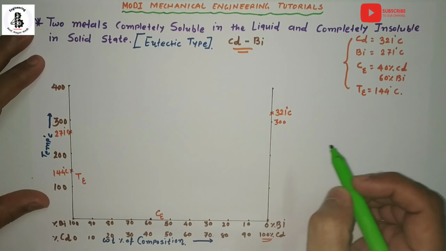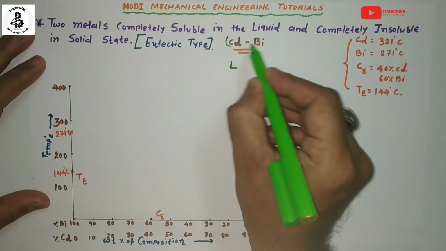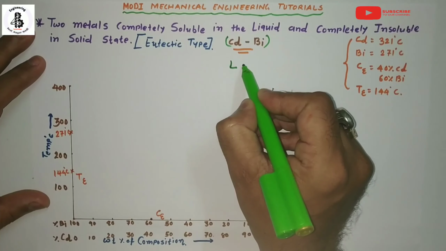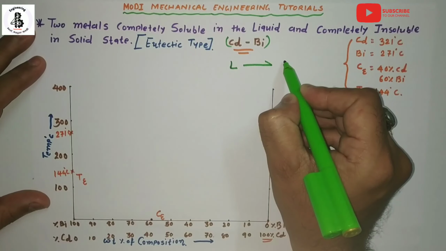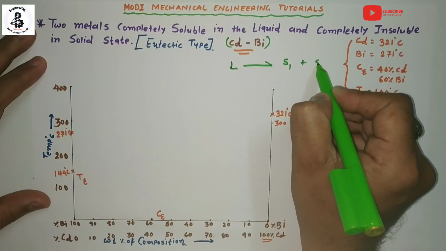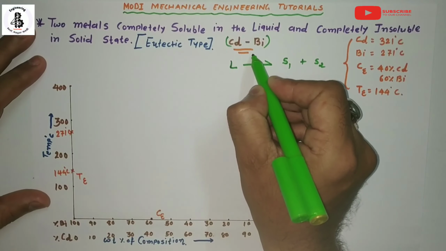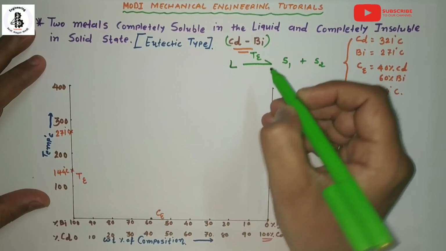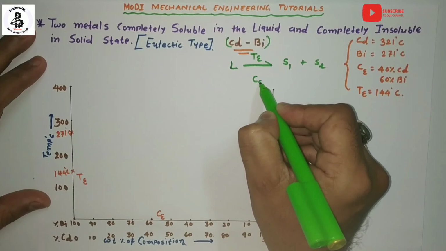Now eutectic means our liquid phase of cadmium and bismuth will convert into two different solids. Here it will be solid 1 plus solid 2. But where? At the eutectic temperature and at the eutectic composition.